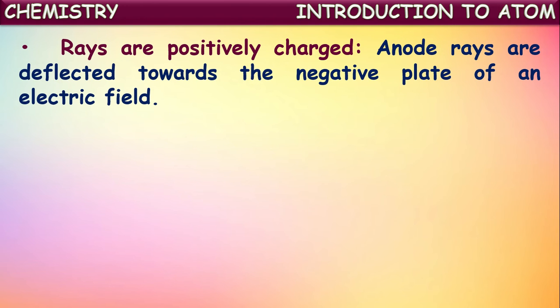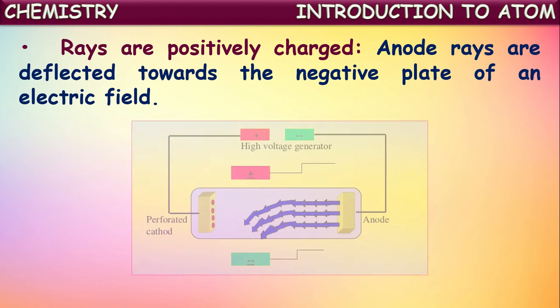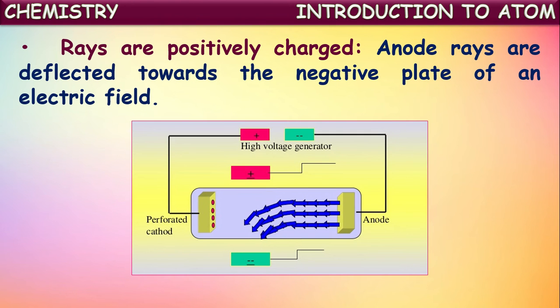Next, these anode rays are positively charged. The charge of these anode rays is proved by the activity that anode rays are deflected towards the negative electrode of the electric field. When a high voltage electric field is applied in the path of these anode rays, they start deviating towards the negative electrode.